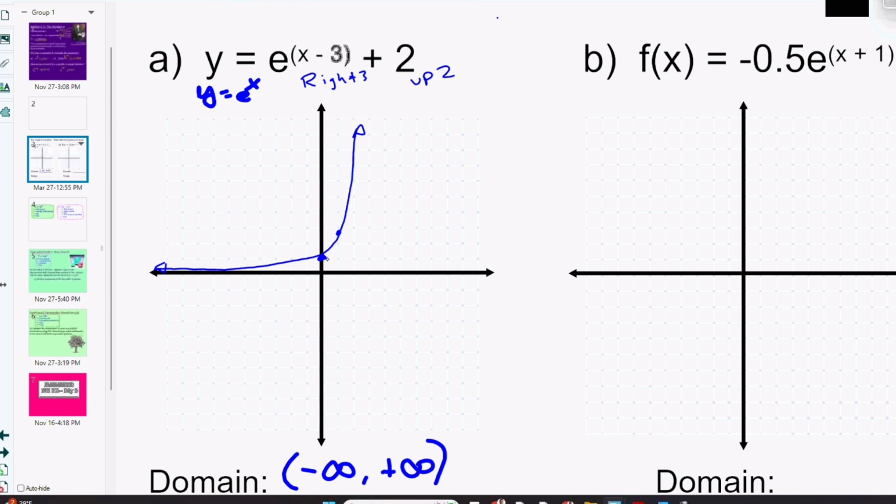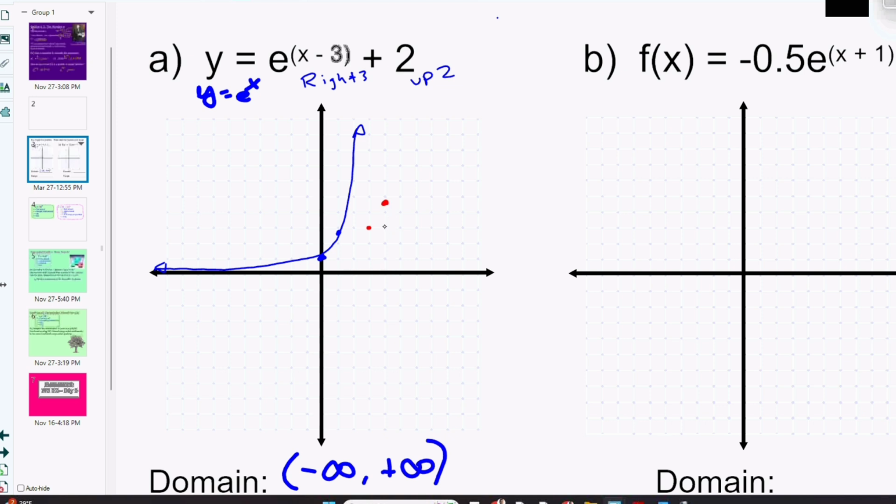This is going to go right 3, 1, 2, 3, and up 2. So this dot, again, 1, 2, 3, 1, 2. And this dot was at 1, comma, e, which was 2.7. So it's going to go right 3, 1, 2, 3, and then up 1, 2. So now it'll be at 4, comma, 4.7.